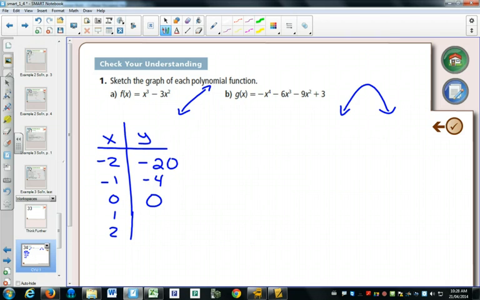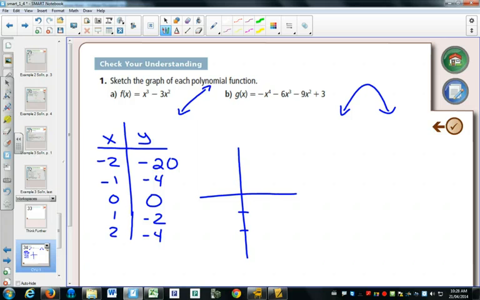Plug in 1. 1 minus 3 is negative 2. And plug in 2. 8 minus 12 is negative 4.